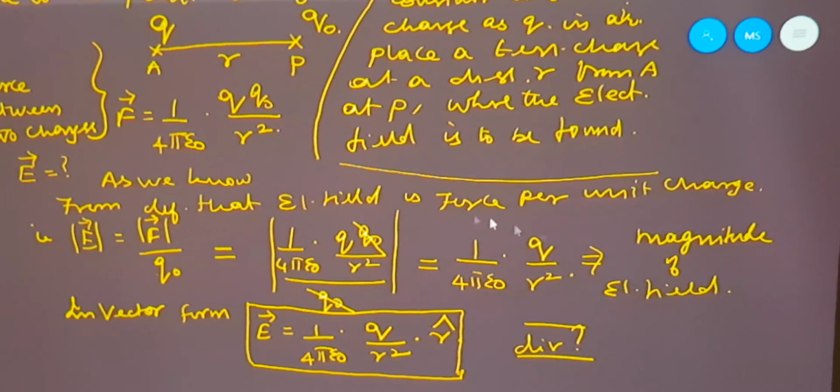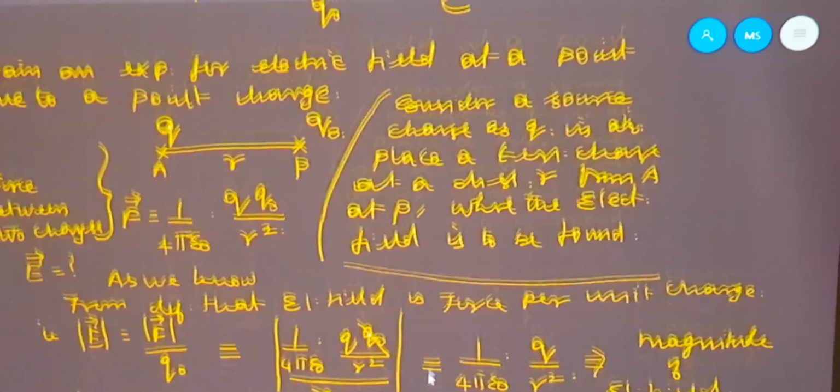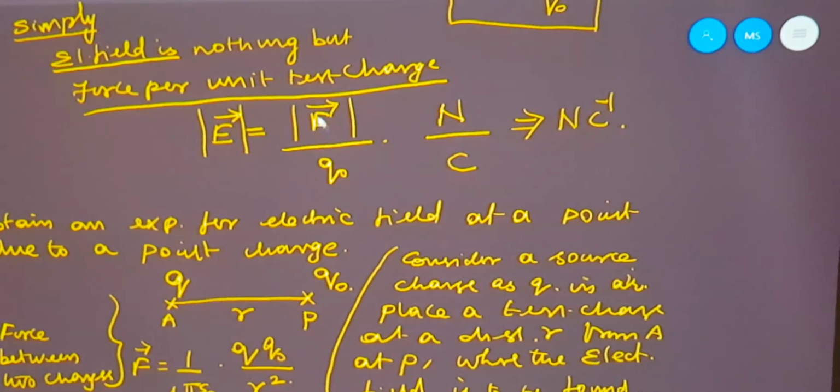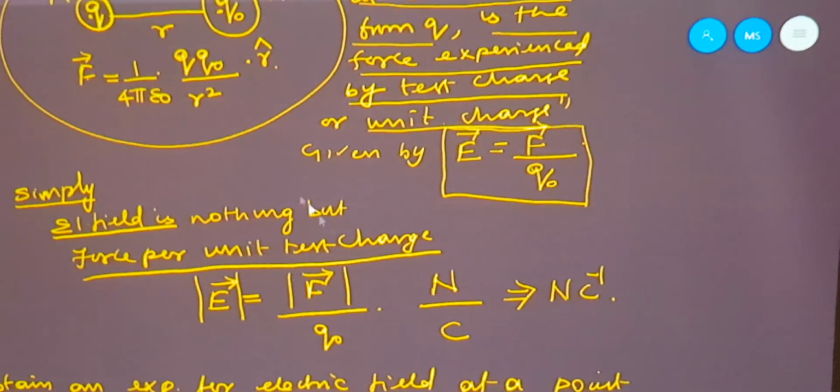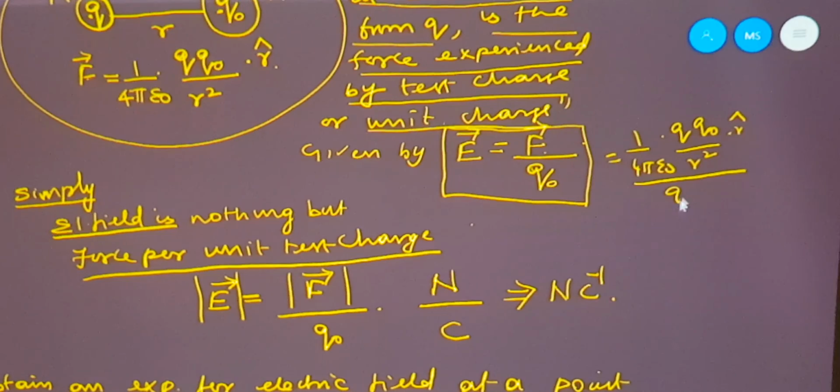Now compare this answer with the answer that you have determined here. E vector is equal to F vector divided by Q0. What is F vector? It is 1 by 4 pi epsilon 0 Q Q0 divided by R square, R cap, divided by Q0.